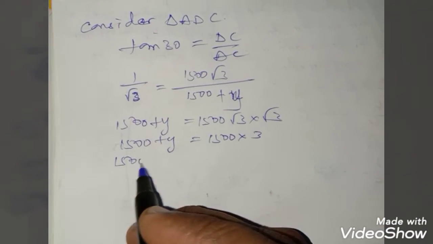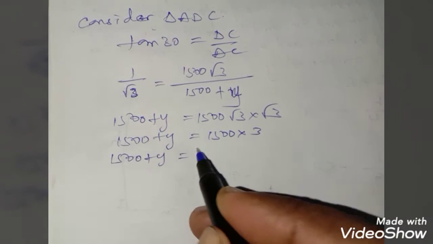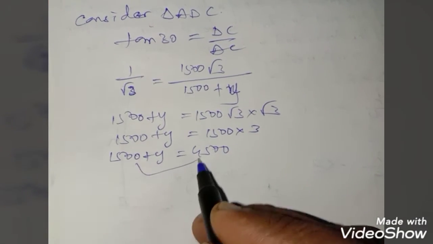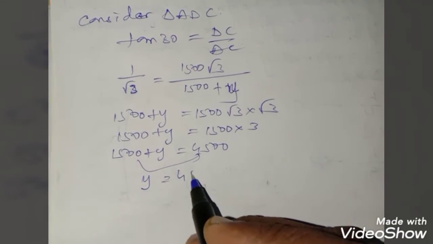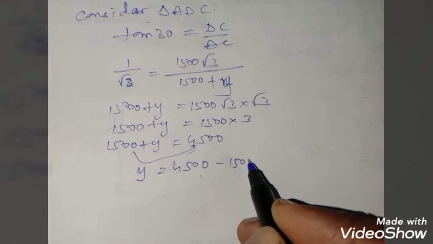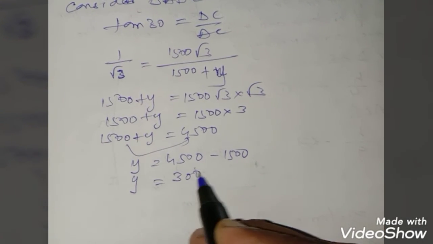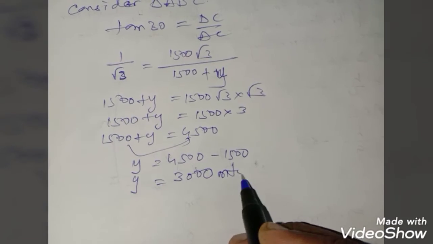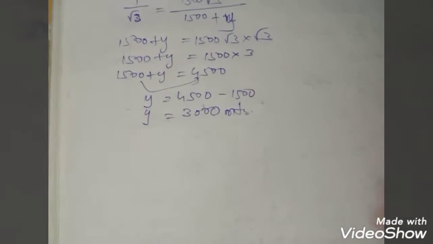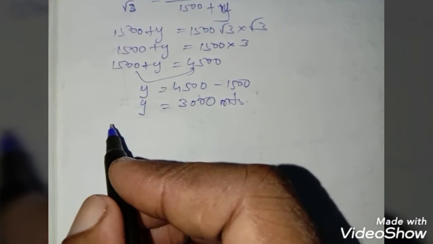So 1500 plus y is equal to 4500. Now send this 1500 over, you'll get y is equal to 4500 minus 1500. So y is equal to 3000 meters.